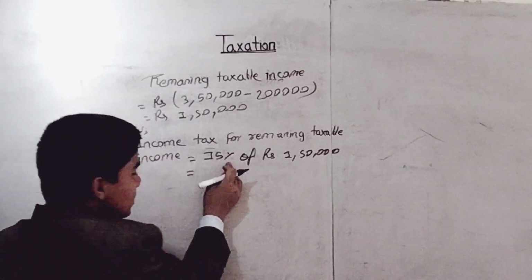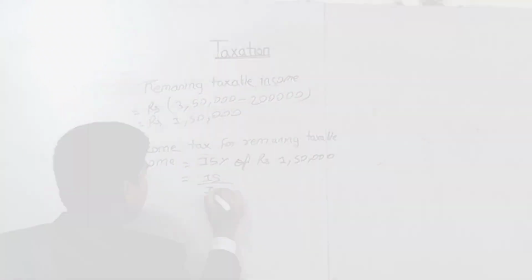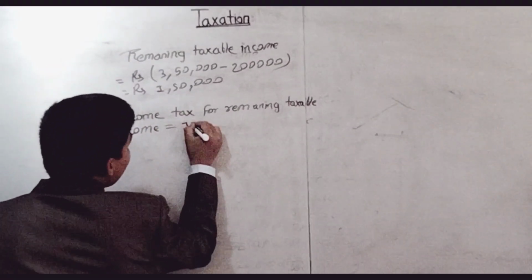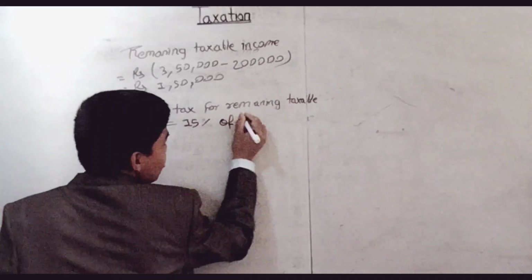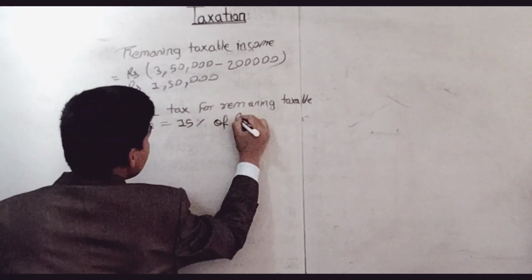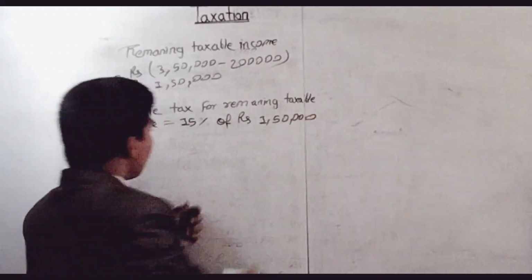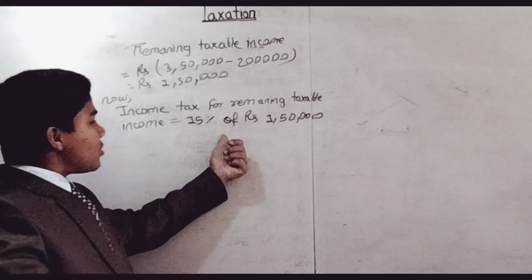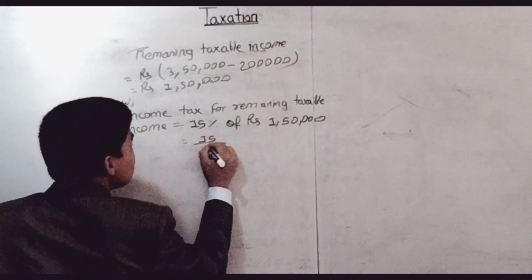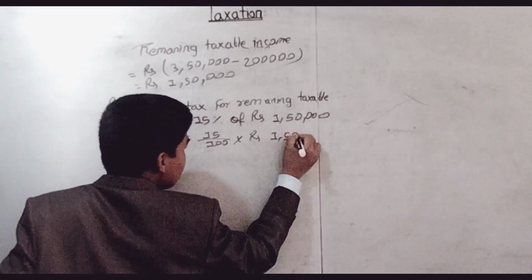So this percentage will go down by being 100. So 15 by 100 into rupees 1,50,000.